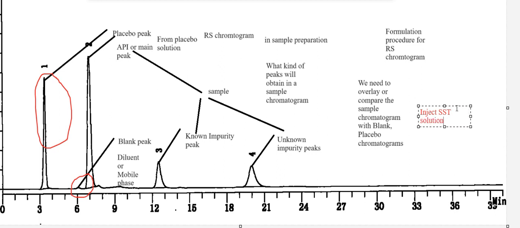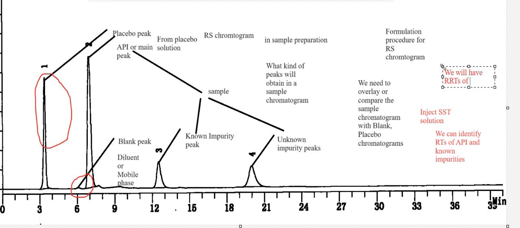In this system suitability solution, we can identify the RTs of API and known impurities, or else we will have the RRTs of known impurities.